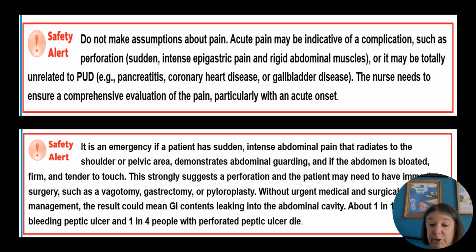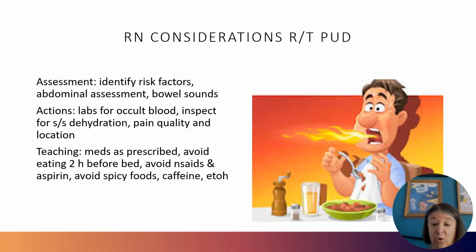Because anytime we have a perforation, gastric contents are seeping into the rest of the body. Gastric contents and anything in the bowel is contained for a reason. So if it seeps out, your person can go septic on you super quick, right? And that is, of course, a medical emergency.